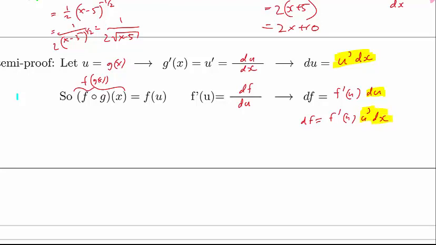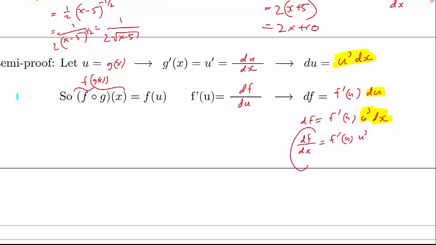Right, still staying color-coded here. So now all we have to do to find out what f prime of u is, divide by dx, so that we have the derivative of f with respect to x equals f prime u multiplied by u prime.